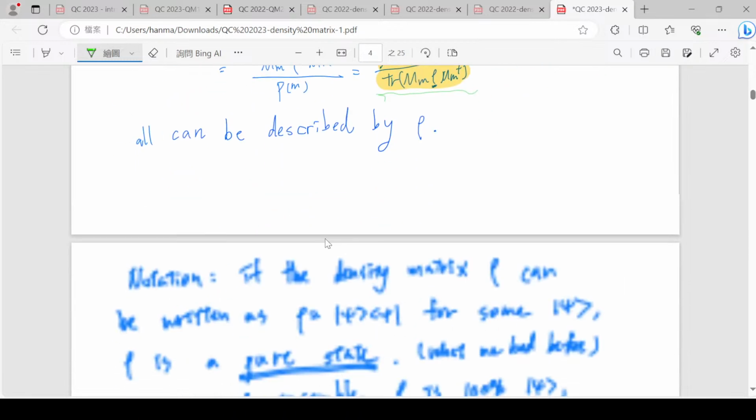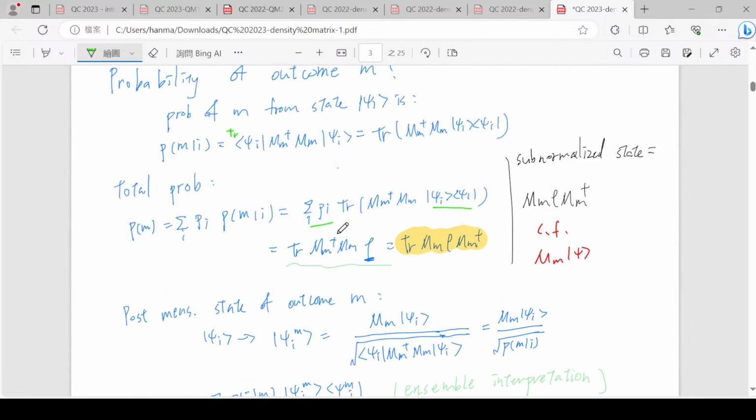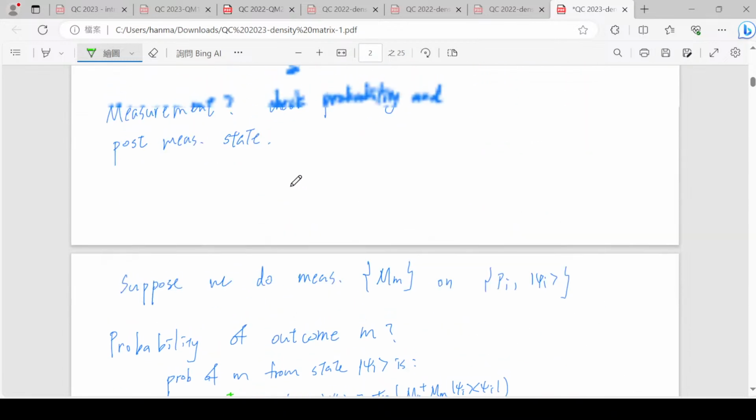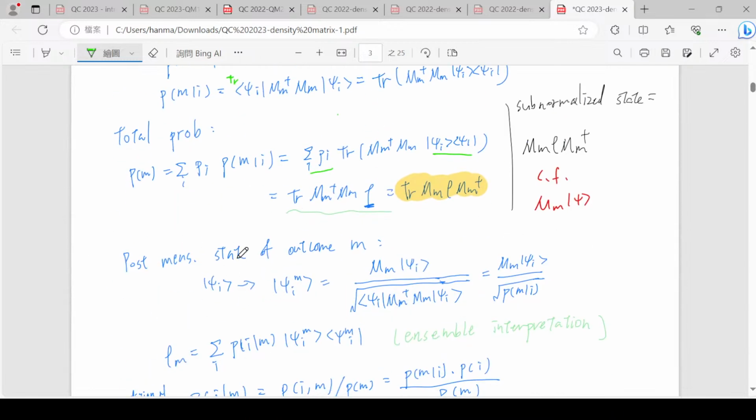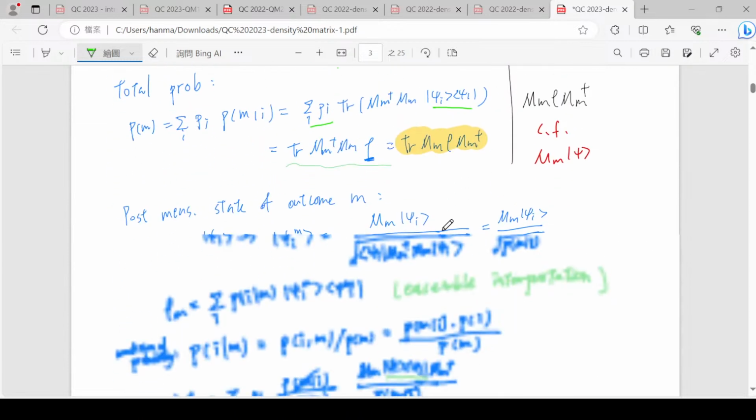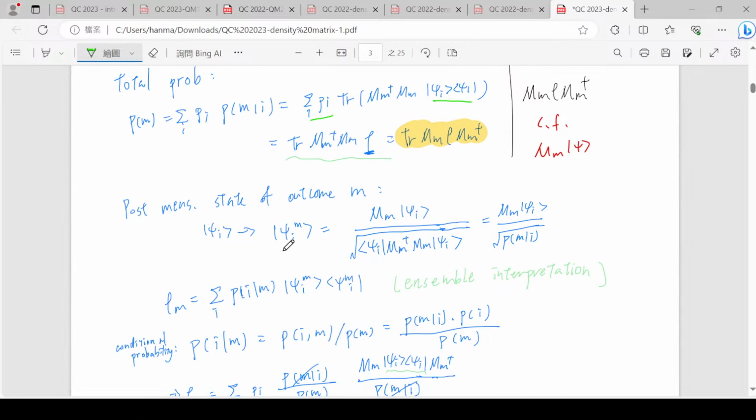Then the outcome probability is a similar thing. So we can see the post-measurement state of outcome m, and we can check it for every psi_i first. So for every psi_i, the post-measurement outcome state should be this thing.